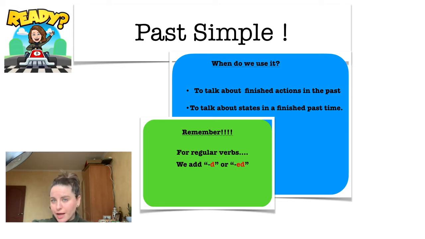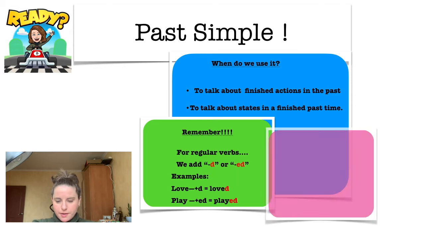If the verb ends with Y, but a consonant, saglasma, comes before the Y, we change the Y to I, and then we add ED to it. Okay, guys? So don't forget, here are 2 examples for you, just to make sure that you have a visual to show you how to make it. So loved, and played.